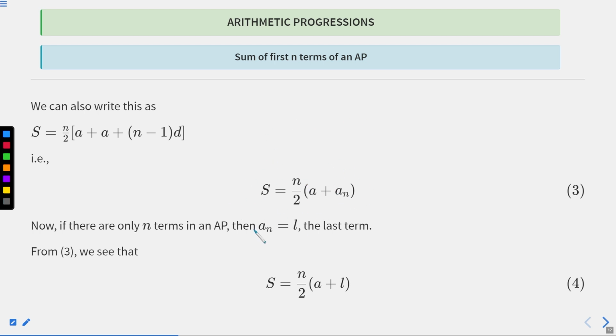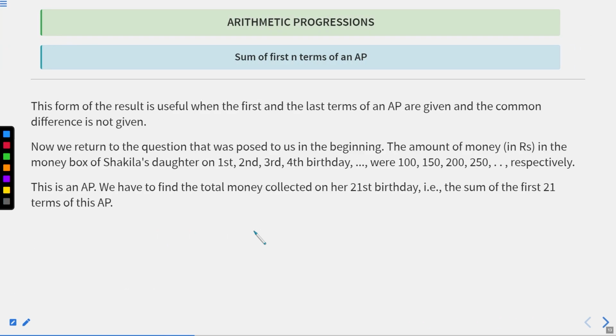Now we see that S is equal to n by 2 times first term A plus last term L. This form of the result is useful when the first and last terms of an AP are given.